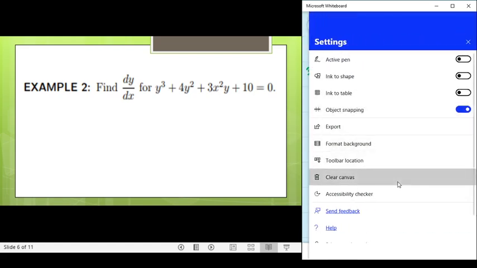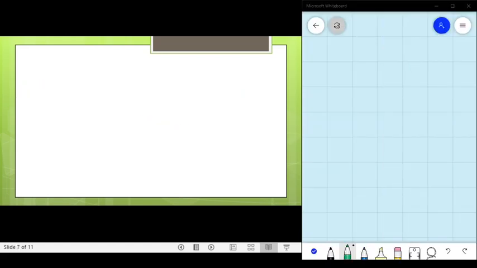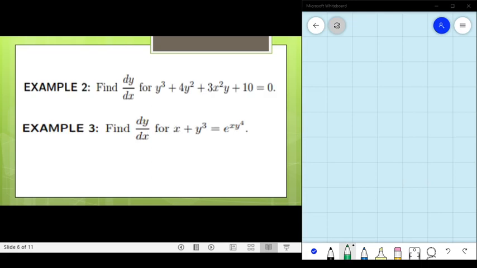So, next is number 3. Find dy over dx if the given is x plus y cubed equals e to the x y to the fourth.